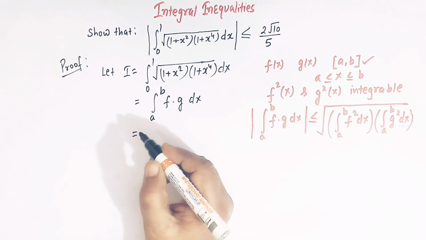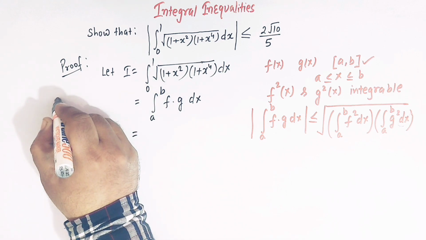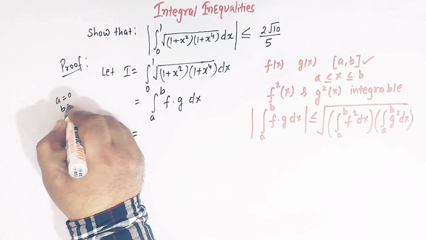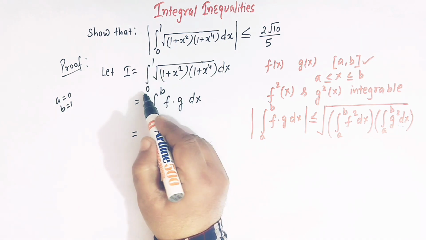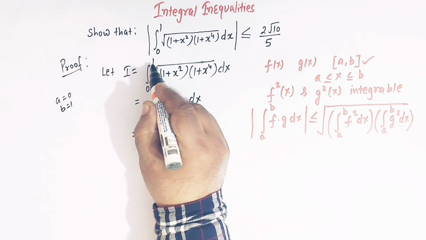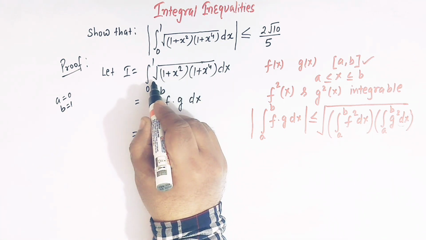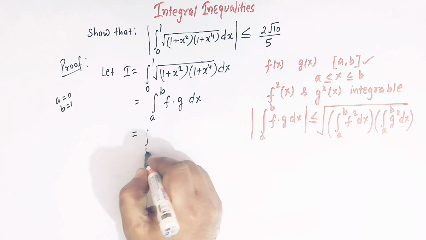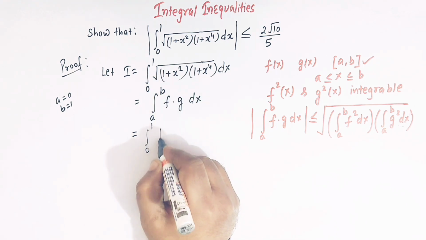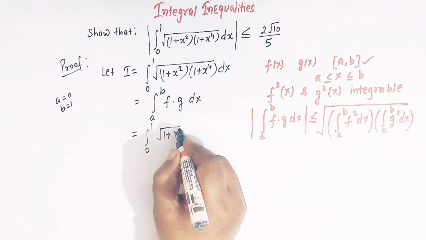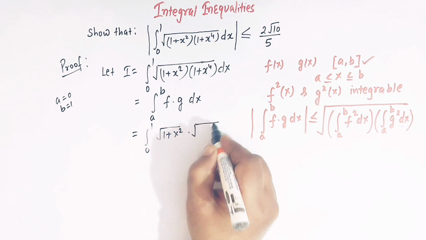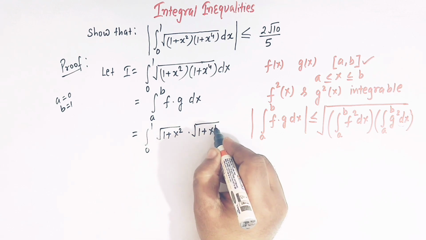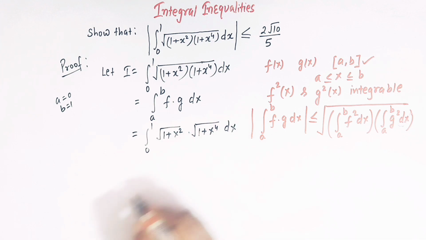So for this, a is 0 and b is equal to 1, right? So lower limit is 0, upper limit is 1. So we can now write this integrand from 0 to 1, where we have square root of 1 plus x square, and then we can write it as 1 plus x raised to 4 dx, right?